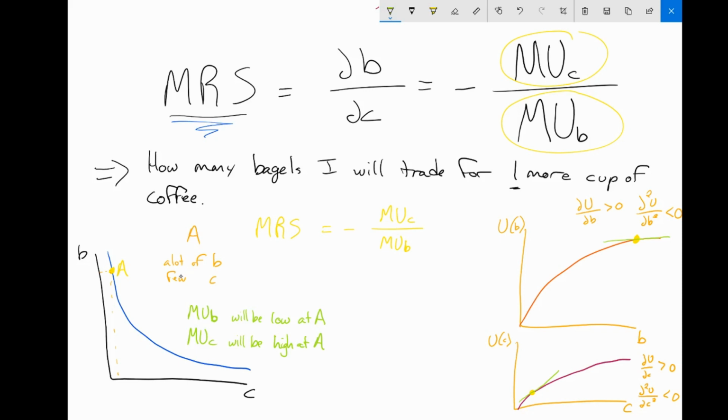Well, let's plug this in. Let's give some intuitive understanding. So here's the marginal rate of substitution. Let's say the marginal rate of substitution at point A. So the marginal utility of C is going to be large. I'm going to illustrate this maybe in a silly way. The marginal utility of C will be large, and the marginal utility of bagels will be small.